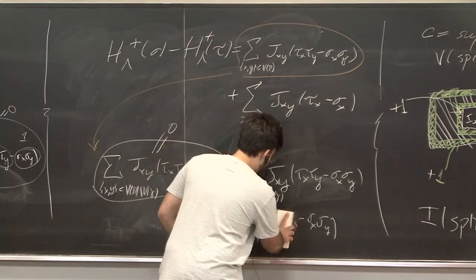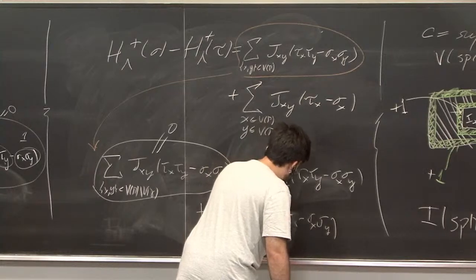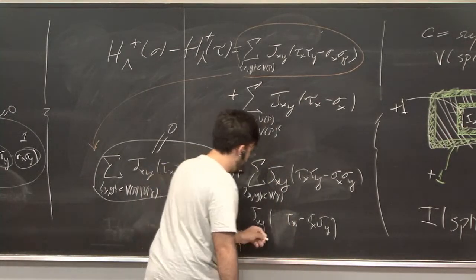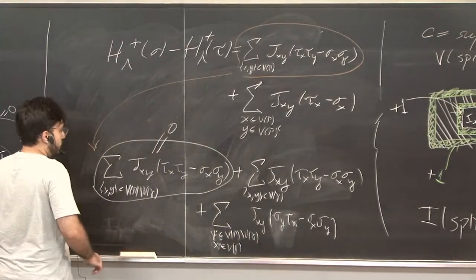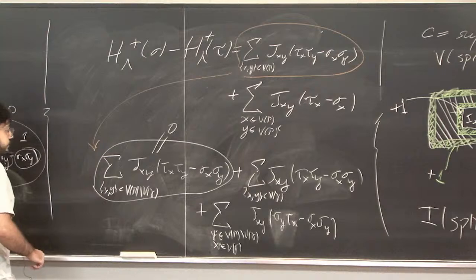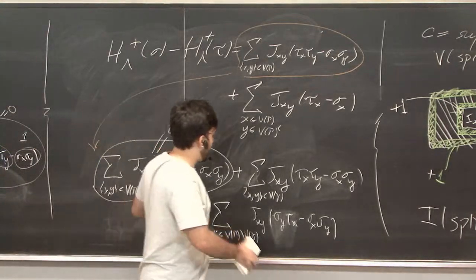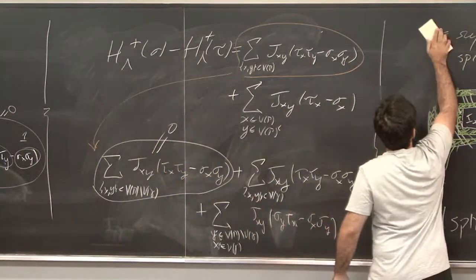No, the other way. So tau x, because x is inside V gamma, and sigma y here. So, okay, I erased another term.